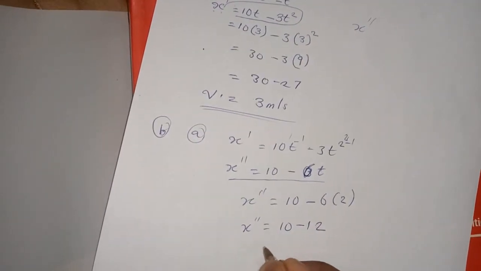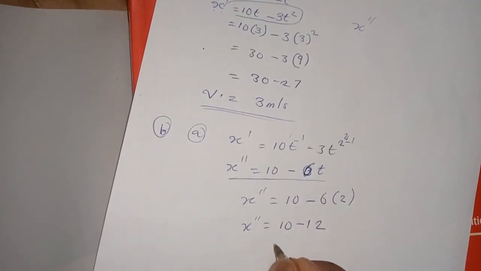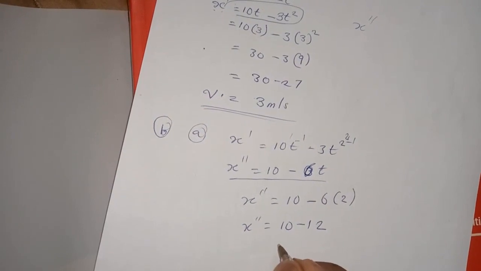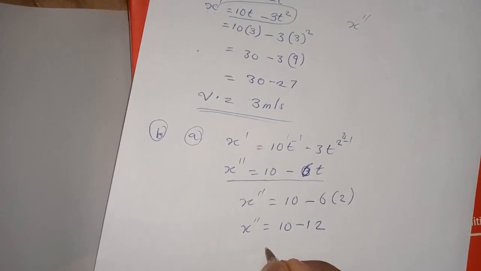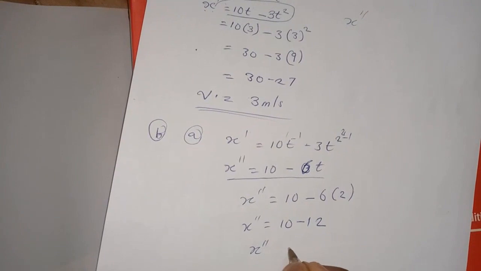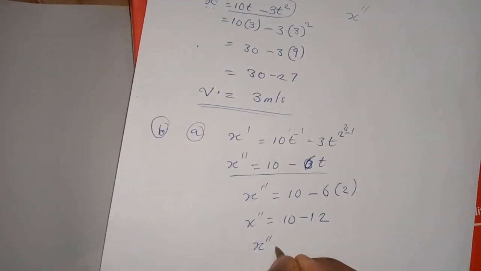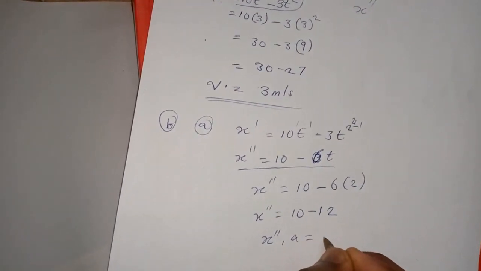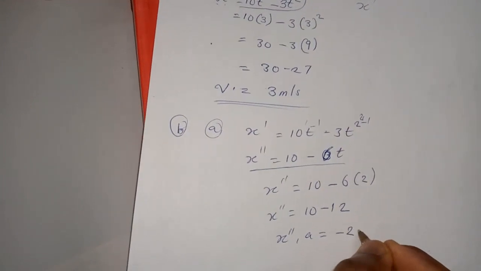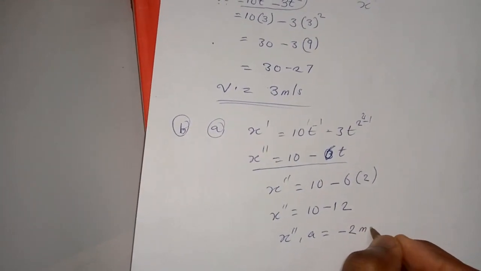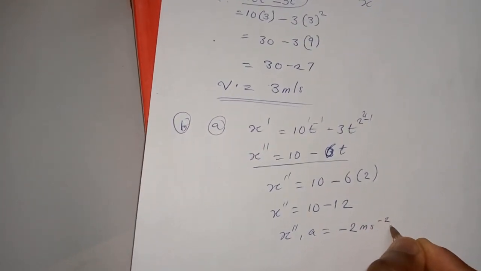So 10 minus 12 is actually negative 2. So x double prime, which is our acceleration, will be equal to negative 2 meters per second squared.